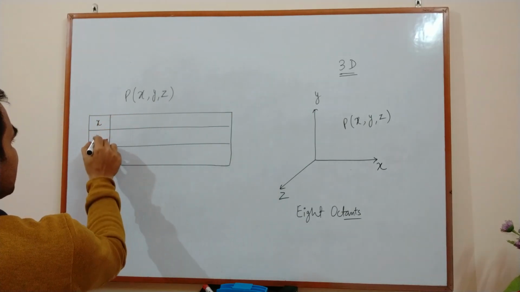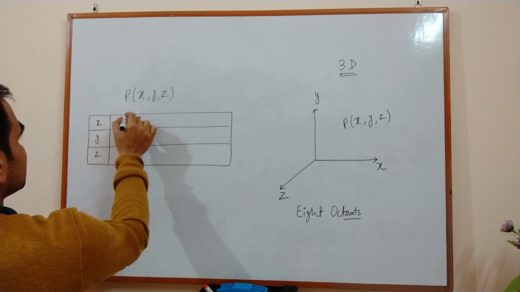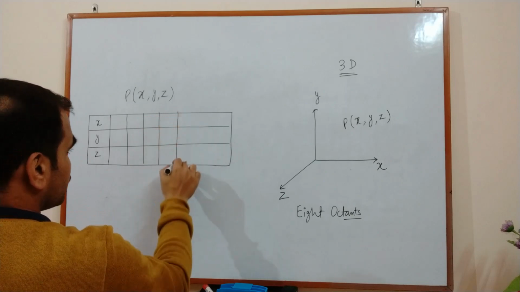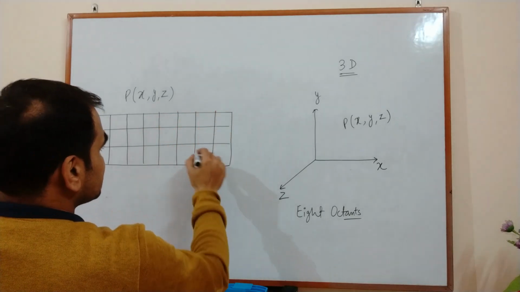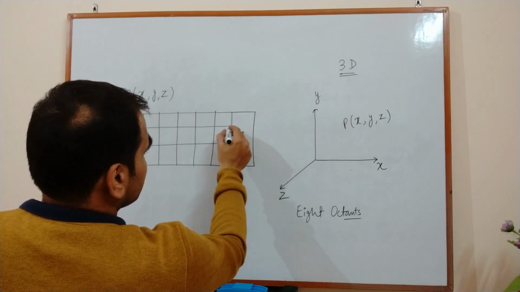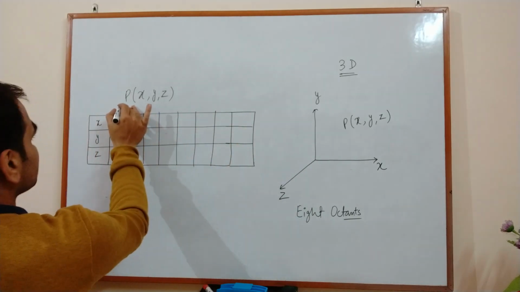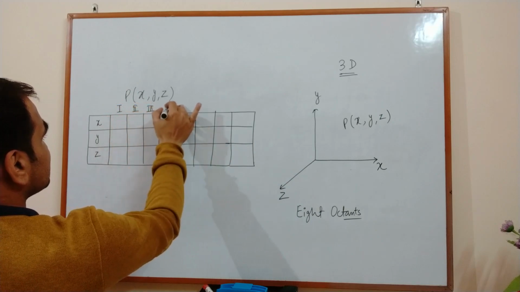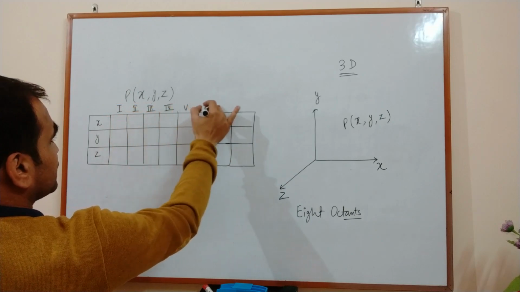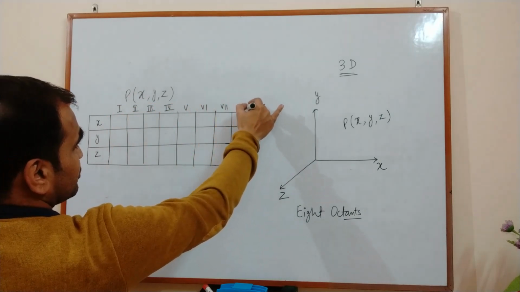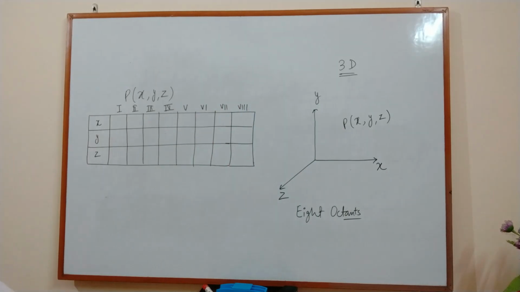This is x, y and z, and we have 8 octants: first, second, third, fourth, fifth, sixth, seventh, and this is your eighth octant.